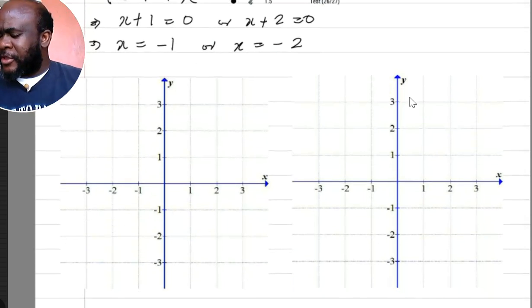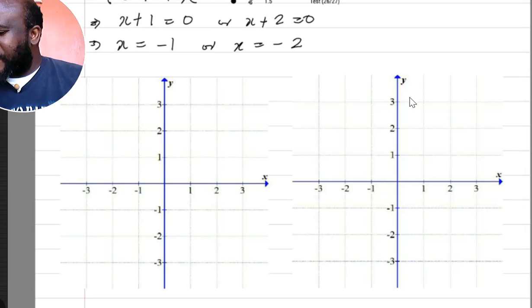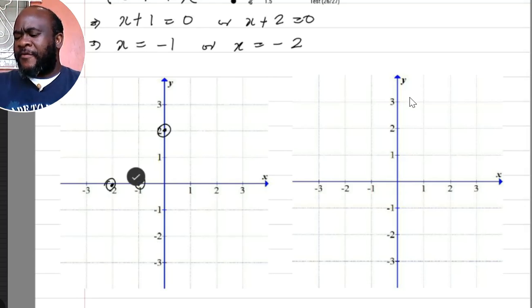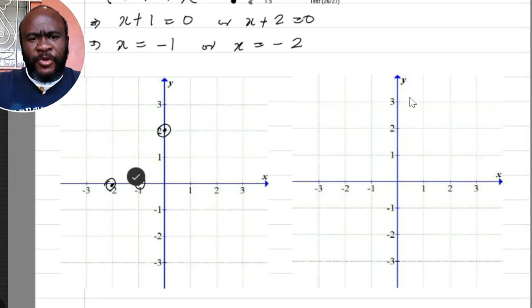All right, with that information, I can do a fairly good sketch. So again, the y-intercept is 2. The x-intercepts are minus 1 and minus 2. So I know that my graph is going to pass through all those 3 points.